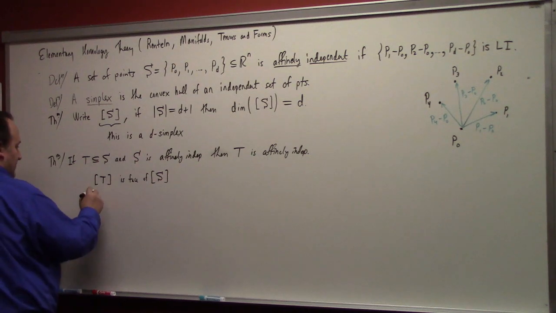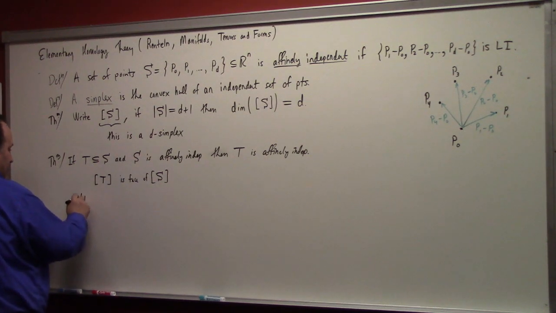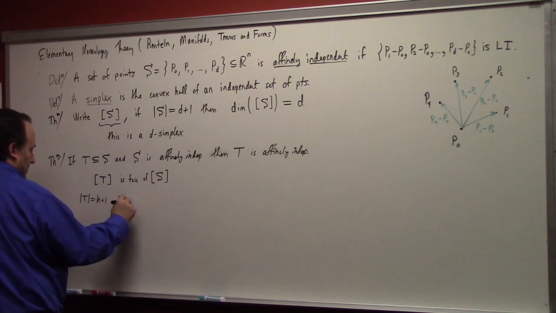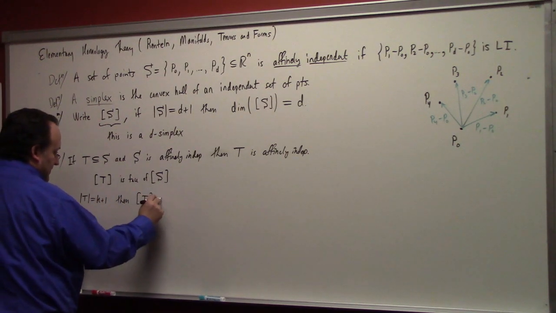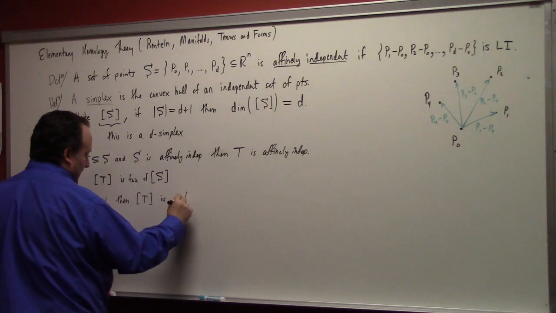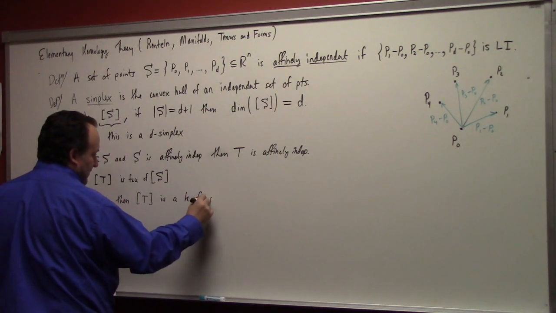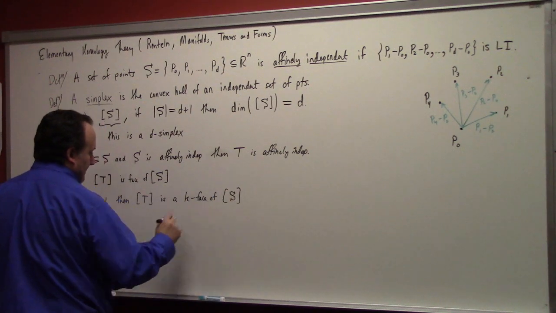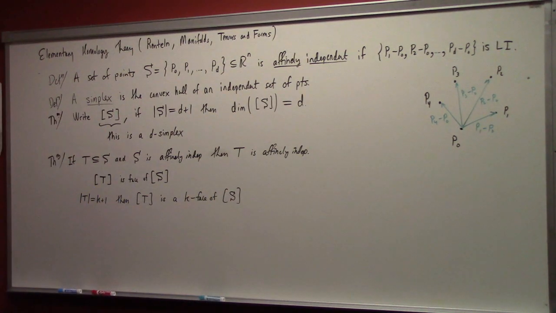So if the order of T is equal to K plus 1, then in this context, this is a K face of S. So we tack on a K to talk about its dimension.